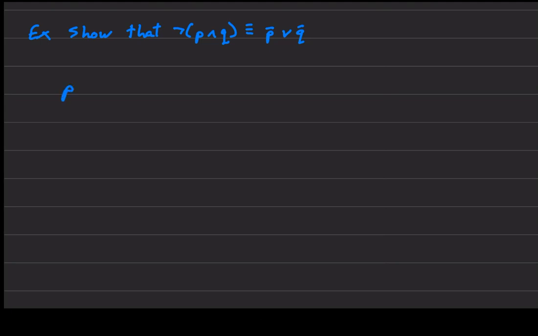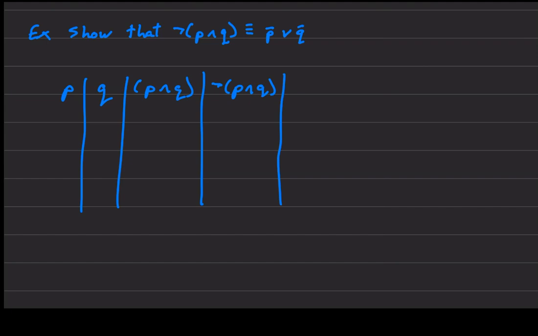So I'll put P and Q. And in the next one, I will do P and Q, so that following that, I can do the negation of P and Q. And after that, I'll do the negation of P, and I'll do the negation of Q, so that I can do the negation of P or the negation of Q.